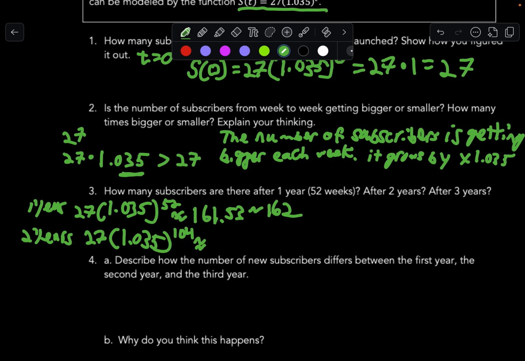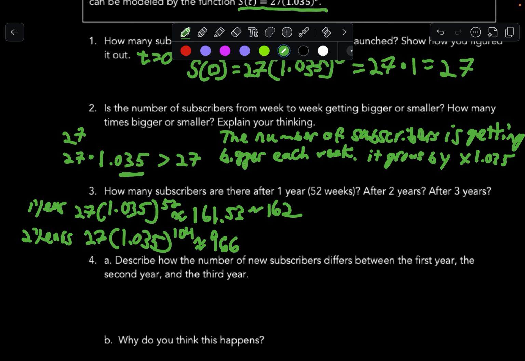Upon doing that, you've got to use your calculator. 1.035 raised to the 104th power is actually 35.79. Now we're going to multiply that by 27, our initial amount, and you would have 966 people. It's actually 0.4, but we're going to round down. So it's 966 subscribers.